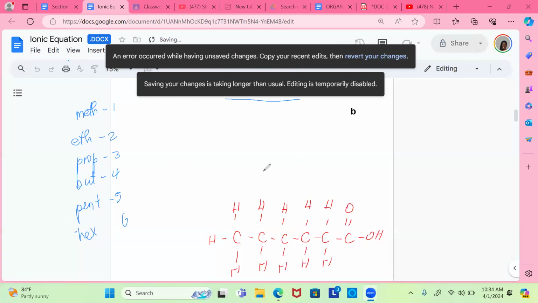So step 1 says, look at the molecule and identify the functional group. What is the functional group that we're seeing here? Carboxyl. Very good. So because it's carboxyl, carboxyl belongs to which homologous series? Alkanoic acid.